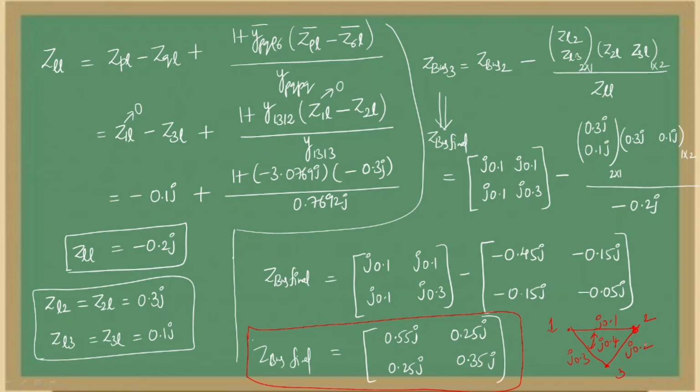For this given power system network, this is the Z bus matrix. As the first bus is the reference bus, actually there are three buses, 1, 2 and 3. So the bus impedance matrix must be of the order 3 by 3. But in the question, the first bus is given as the reference bus. Hence, you must get the Z bus matrix of the order 2 by 2. And this is our result.